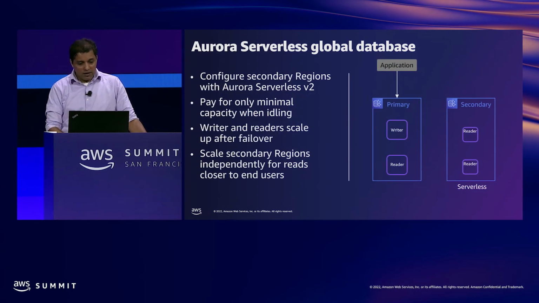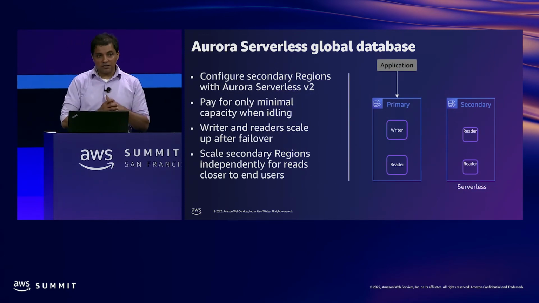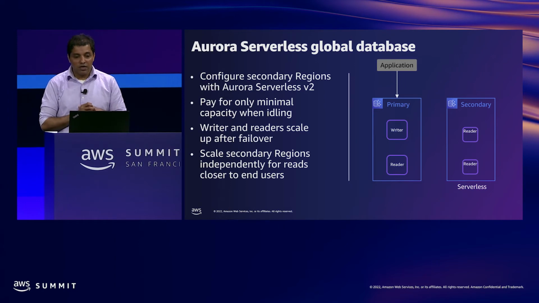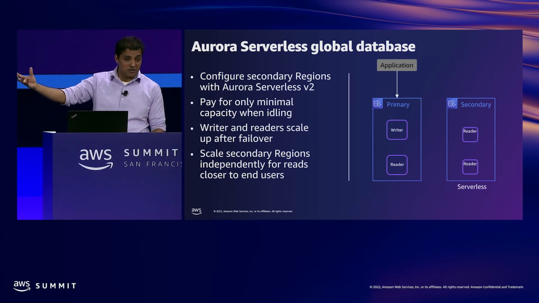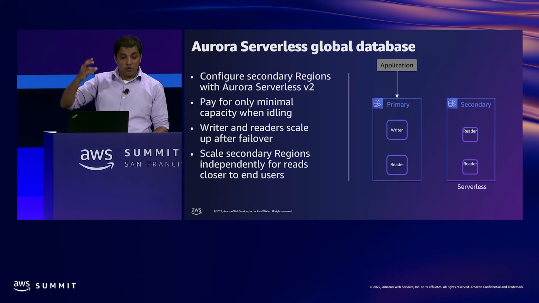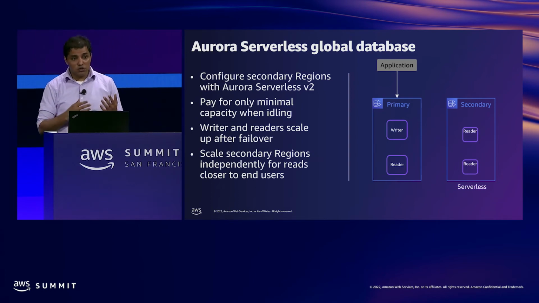All right, how it'll work with serverless. So this gets a little more interesting now. For regional disaster recovery, you want to set up a secondary instance, but you want to pay for minimal capacity when you're not using it. And this is where Serverless V2 makes a lot of sense.